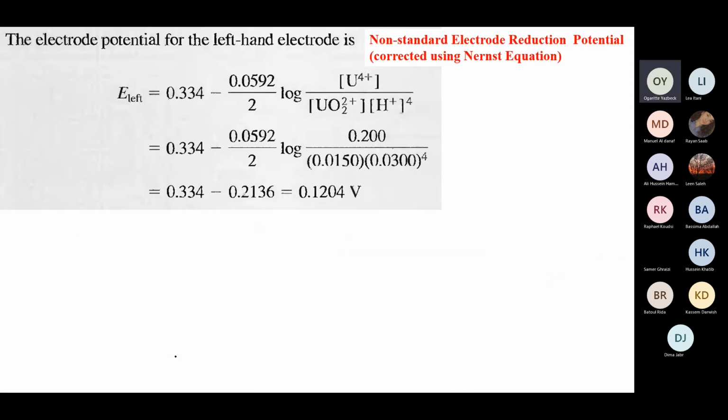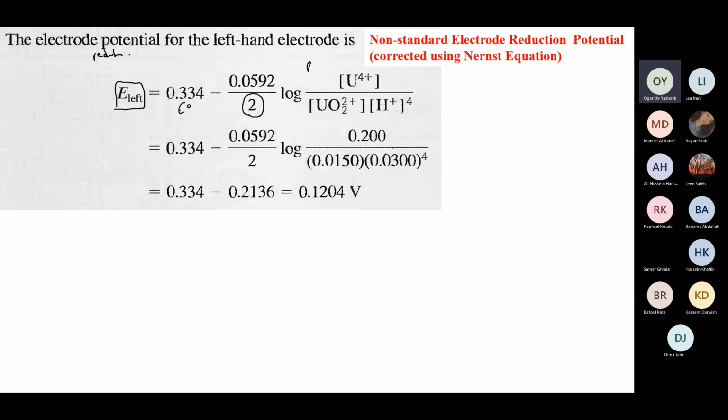We go to the uranium. Even though oxidation is taking place, this is the corrected reduction potential. The E naught for the uranium minus 0.0592 divided by 2 for the electrons transferred on the uranium half side.